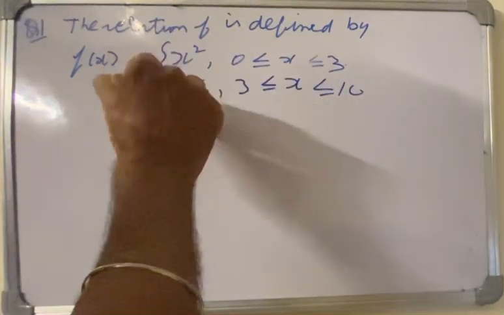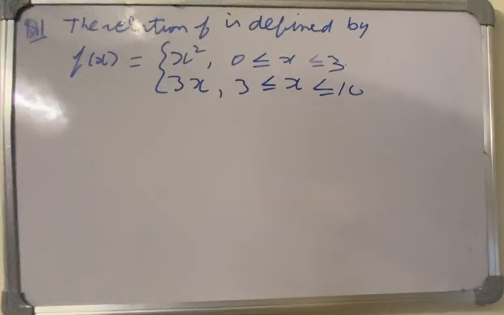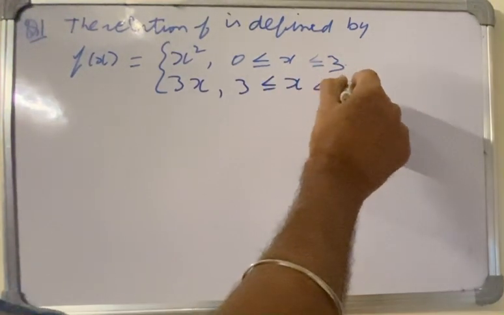So first is x square, 0 less than equal to x less than equal to 3, then 3x for 3 less than equal to x less than equal to 10.